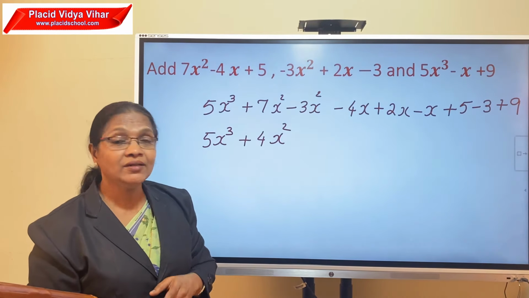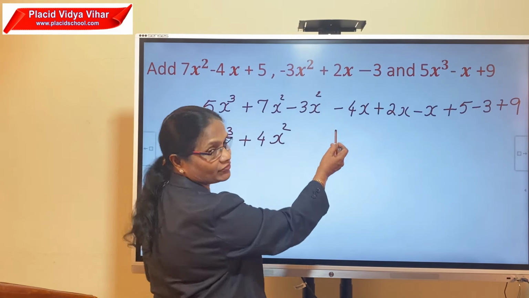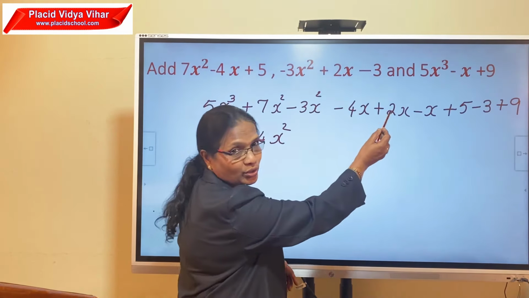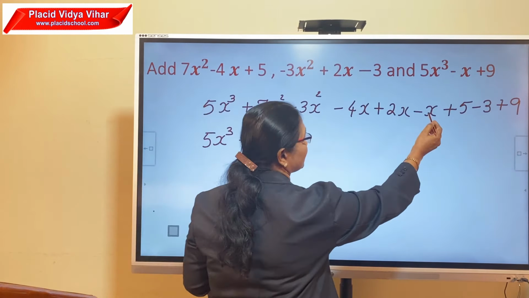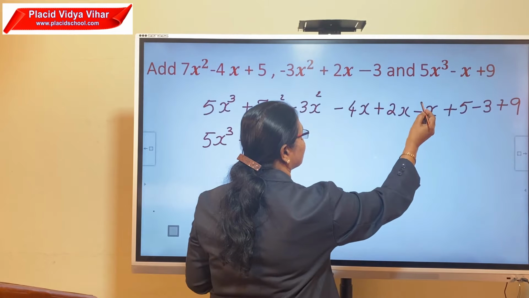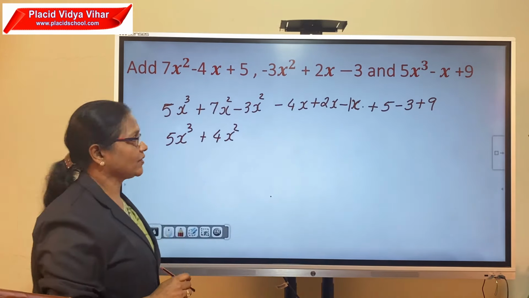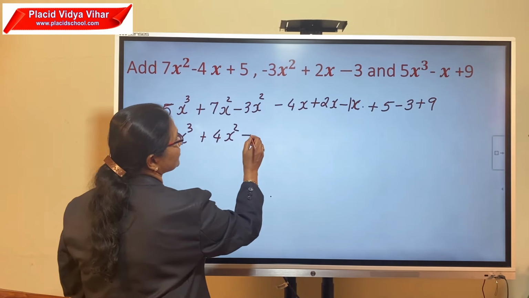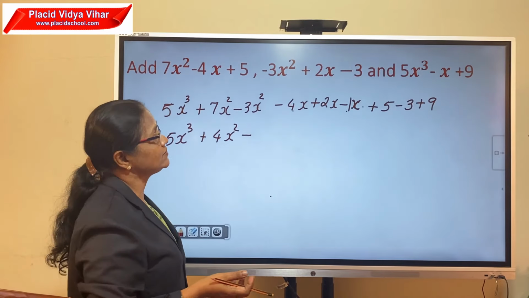That is equal negative 1x. Therefore, here the coefficients are negative 4, positive 2 and negative 1. We can write it as negative 1x. Therefore, negative 4 and negative 1 together, negative 5x.